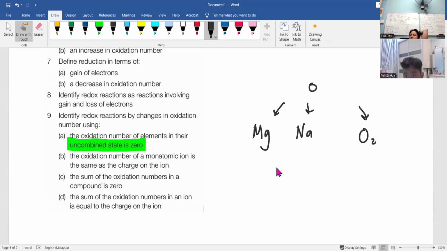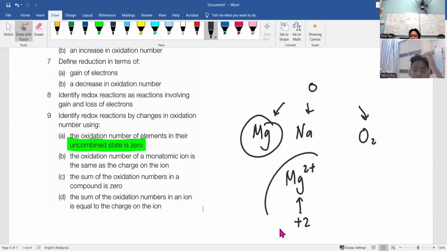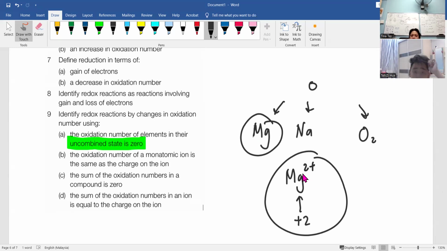As long as it's an element, even though it's O2, two of the same atom, it's still an element, and the oxidation number is zero. It's only when it's a compound that it has an oxidation number. If it is Mg2+, then the oxidation number of magnesium is positive 2. Can you see the difference between an atom and an ion? You get it?